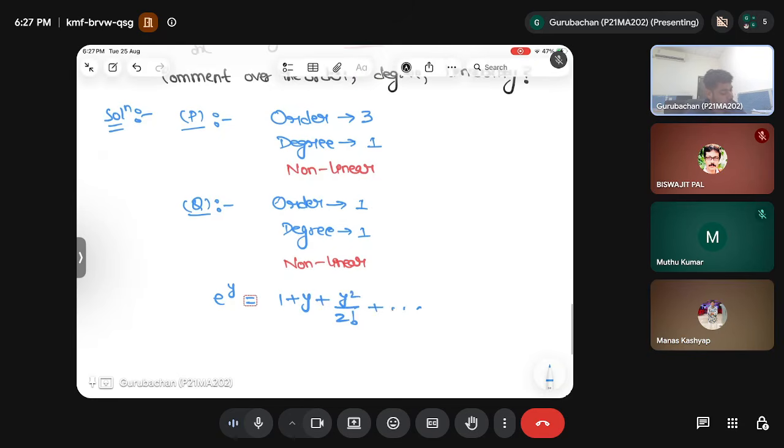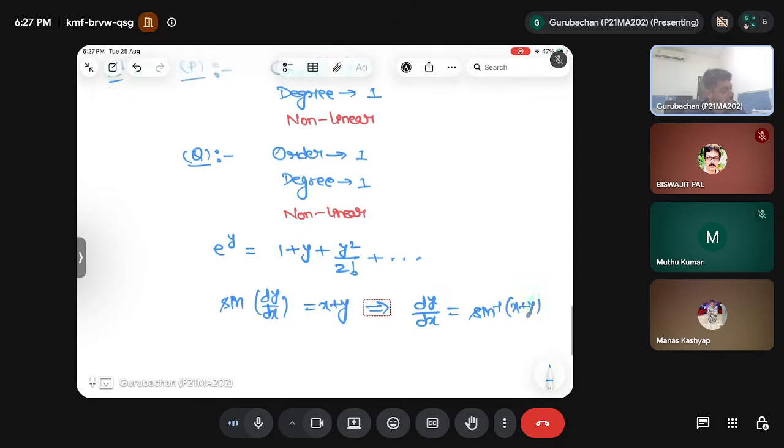If you can separate, like in the previous case, there was the equation sine dy by dx is equal to x plus y. In this case, you can separate dy by dx as sine inverse of x plus y. Can you say that this is linear?